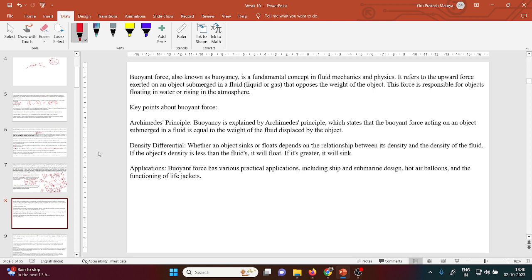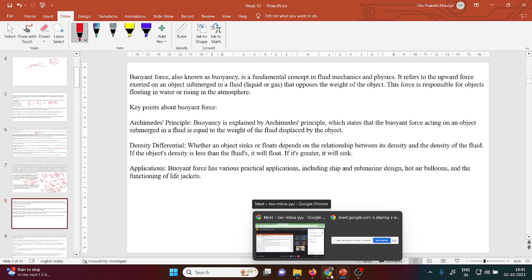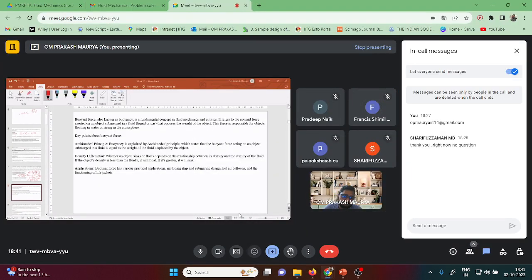Actually, are there any cases in which we will be learning about the undistorted prototype model? You are asking for an example of undistorted, Francis?